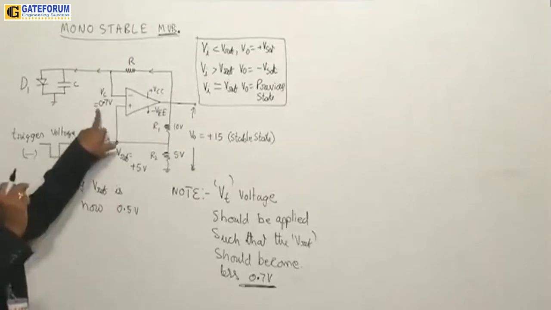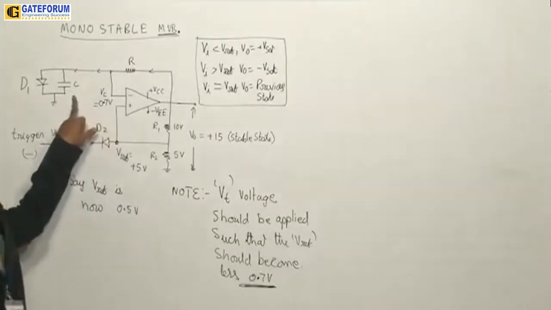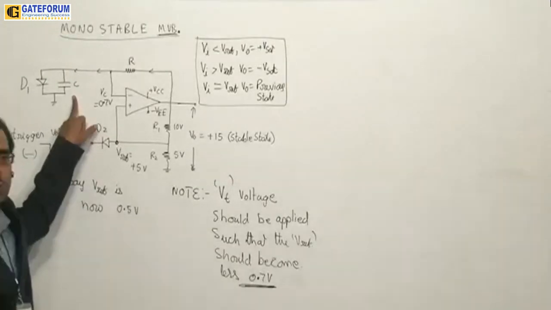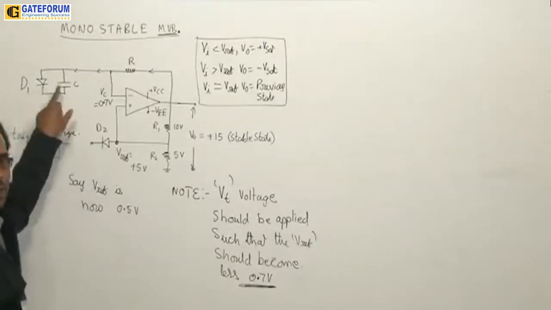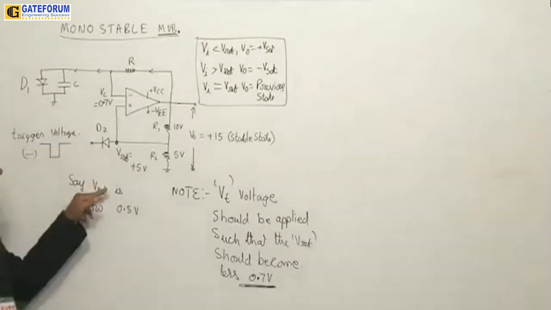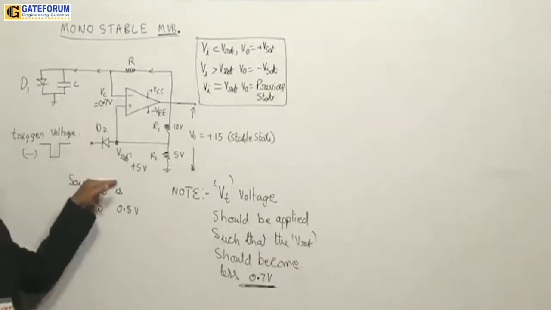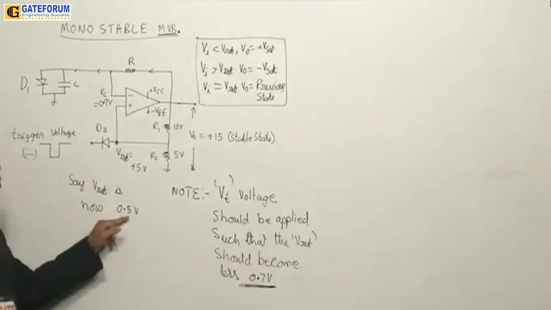Why are we doing it like this? Because this capacitor voltage is not going to change more than 0.7 volts, as long as the diode is forward biased. So the moment you apply the trigger, the reference voltage immediately changes to 0.5, because this is not able to change, so we change this only.